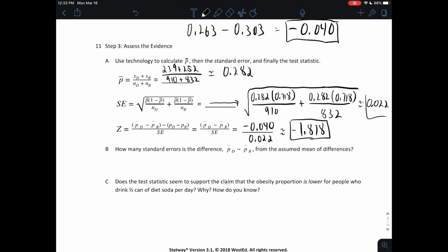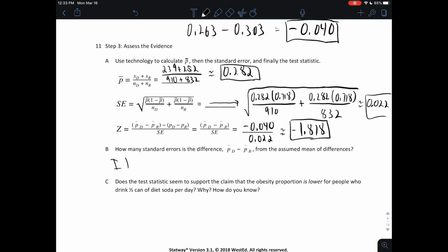And that becomes our z-score. So then part B, how many standard errors is the difference P hat D minus P hat R from the assumed mean of differences? Here again, we're just using our z-score to interpret, but this time with that negative, this is indicating that we have the difference being below the assumed mean.